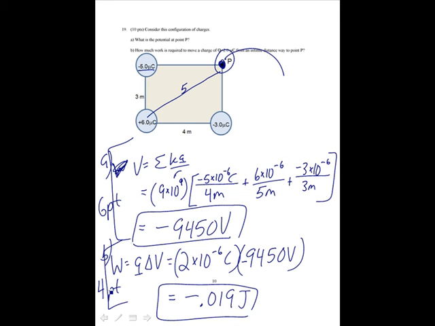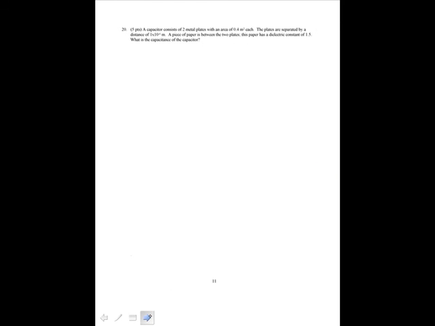But many of you tried to calculate the potential energy required to assemble all the charges, and that just wasn't really what I was asking. I was really just looking for the potential for part A, and then the work to bring in this fourth charge.